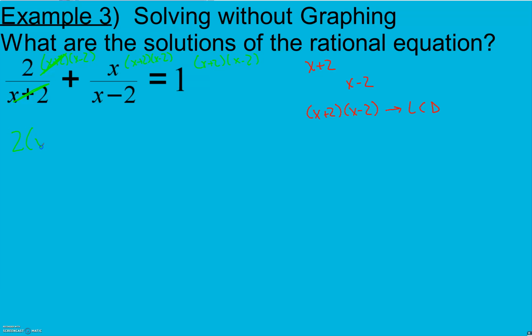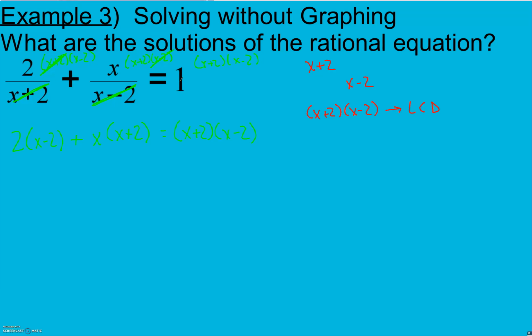It leaves me with 2x minus 2. X minus 2 divided by x minus 2 is 1, which leaves me with x times x plus 2. Here I just have 1 times. I have nothing I can cancel out, so I leave it as x plus 2, x minus 2 times 1. We don't need the 1 there.